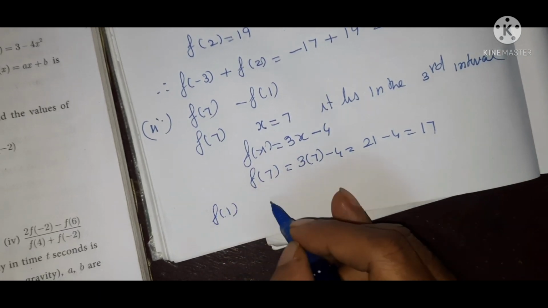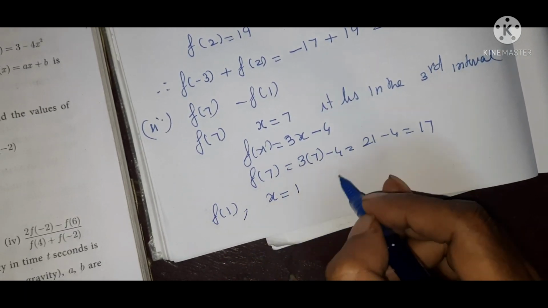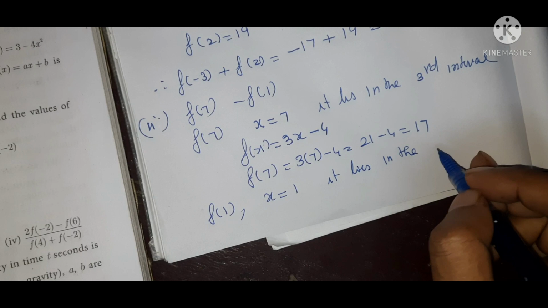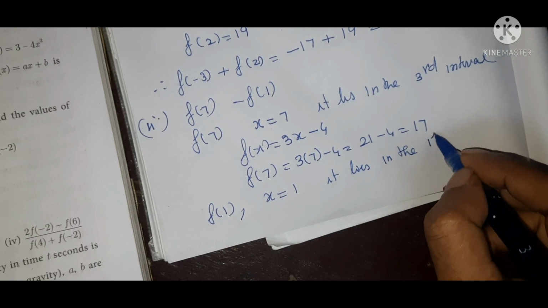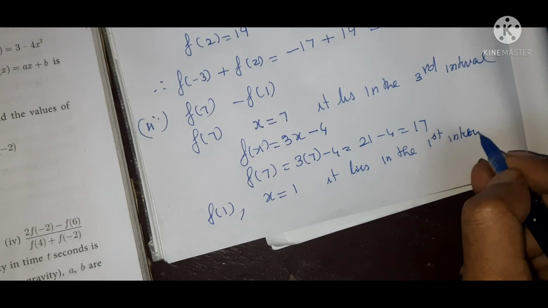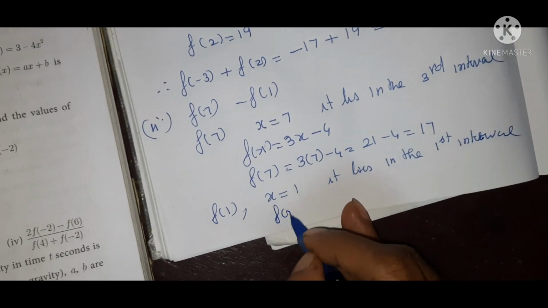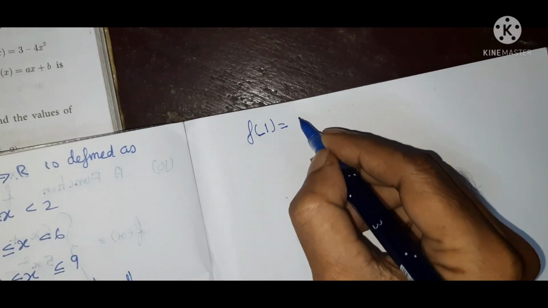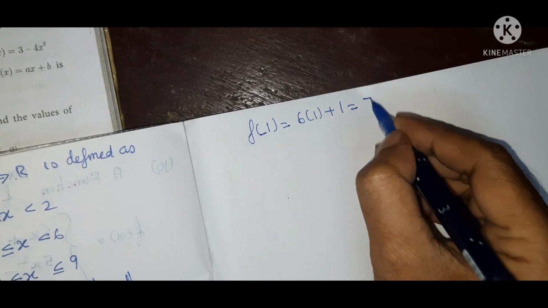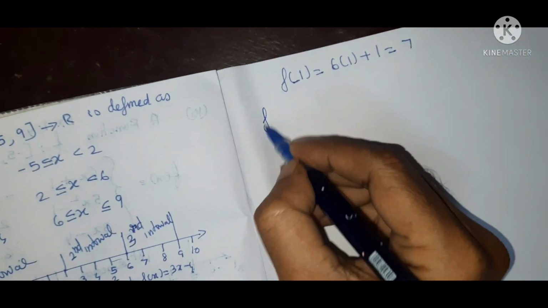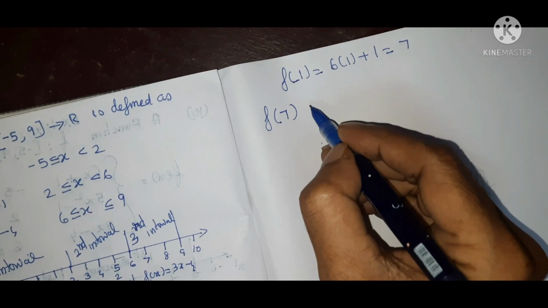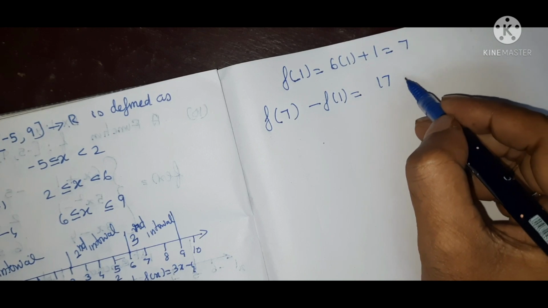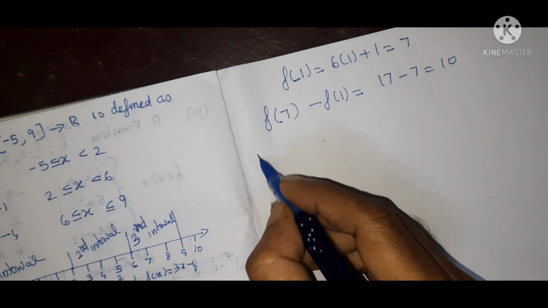F of 1, here x is 1. 1 lies in the first interval. Its function is f of x is equal to 6x plus 1. F of 1 is equal to 6 into 1 plus 1, 7. F of 7 minus f of 1 is equal to, f of 7 is 17, f of 1 is 7. We get 10.